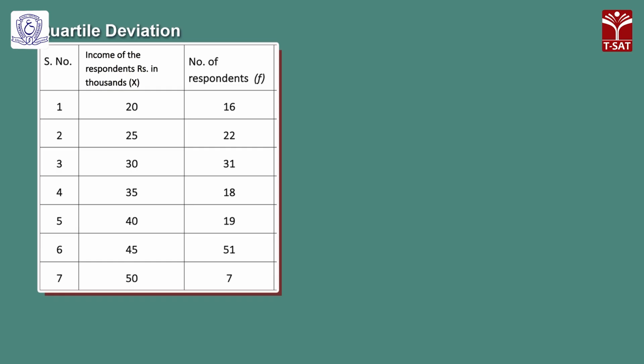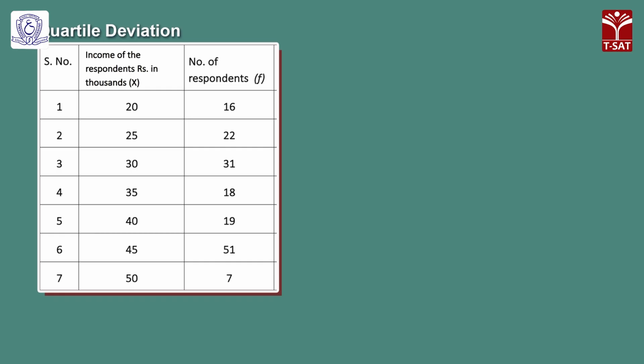Solution. Once you have the table, the first step is to draw the table and calculate the cumulative frequency. In the first row, you keep the serial numbers. In the second row, you put the income of the individuals. In the third row, you write the frequency, that is nothing but the number of people whose earning is 20,000, 25,000 and so on. Our duty is to calculate the cumulative frequency.